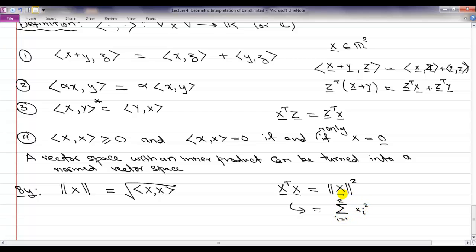So if I take the square root of the inner product, I get back to this definition. So in Euclidean space, the norm is actually defined through an inner product. If I just give you a vector space with an inner product, you automatically get a vector space with a norm.